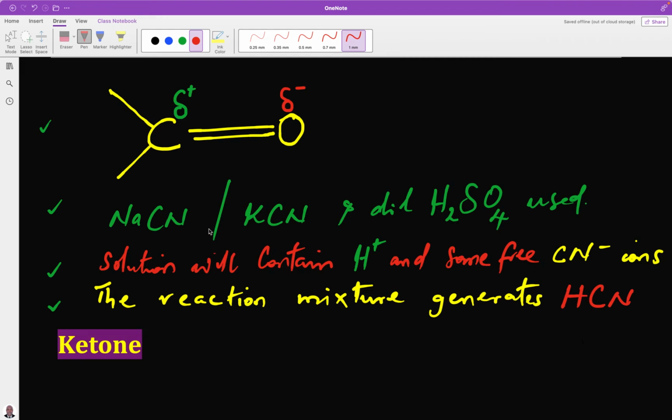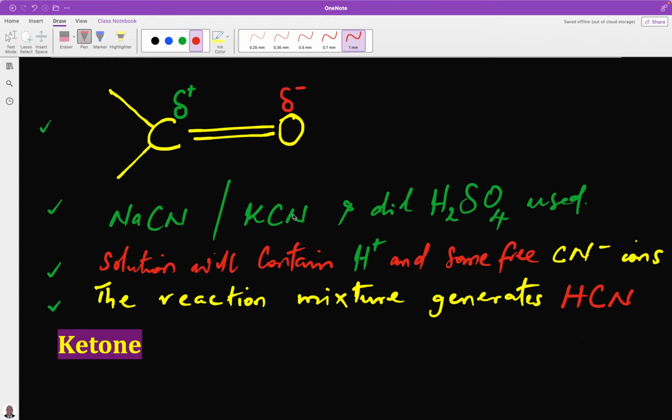In the reaction vessel, when these two are mixed together, the aqueous solution will contain the hydrogen ions, which could be generated from water, from the dilute sulfuric acid, or it could even come from hydrogen cyanide.